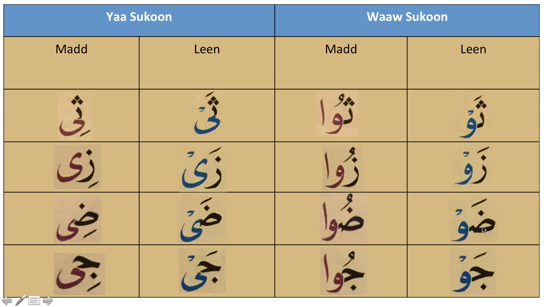Next we have ضاد فتحة واو سكون ضو. ضاد ضمة واو سكون ضو. This is ضو and this is ضو. When you have fatha, a maftooha letter, ضاد fatha, followed by a waw sukoon, this is lean.